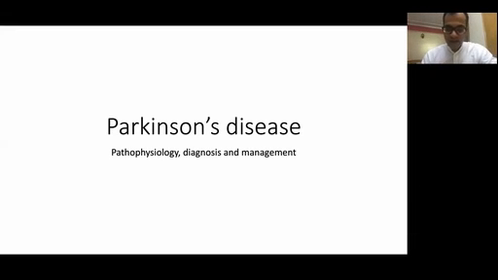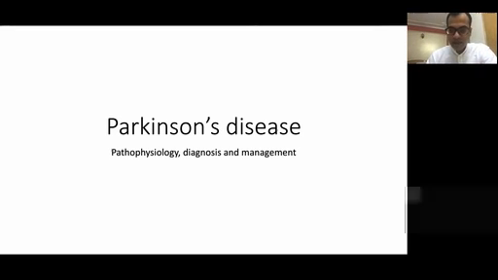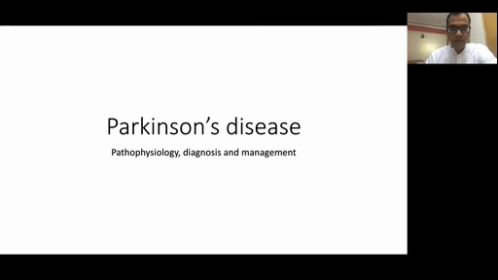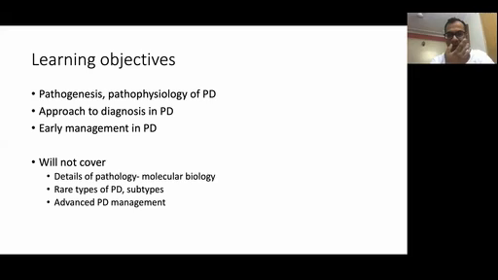Hello everyone, good evening. So we'll be talking about Parkinson's disease, a little bit on pathophysiology, diagnosis and management. We'll be covering mostly the learning objectives. We'll be learning to know the brief pathogenesis and pathophysiology.